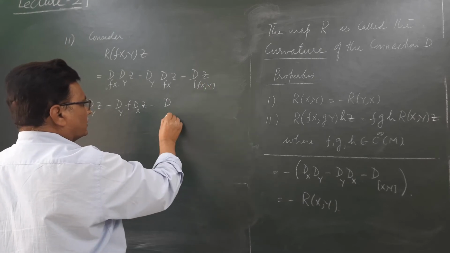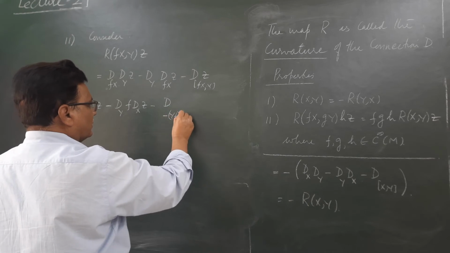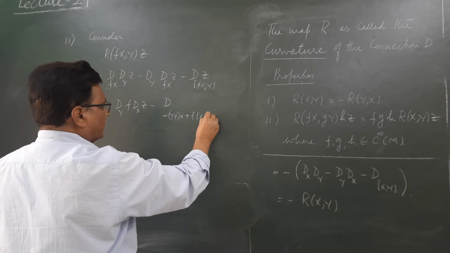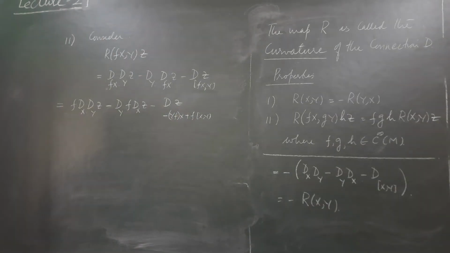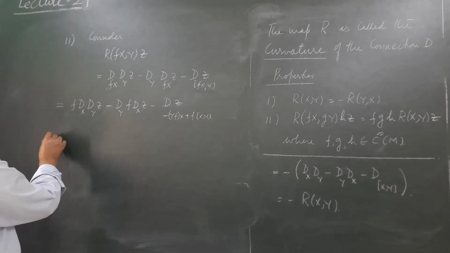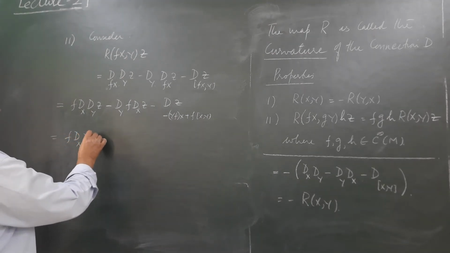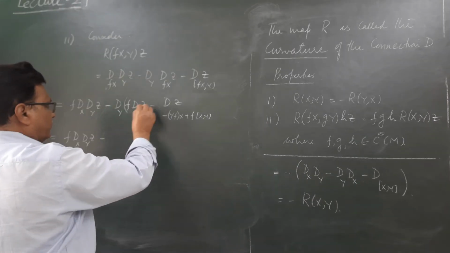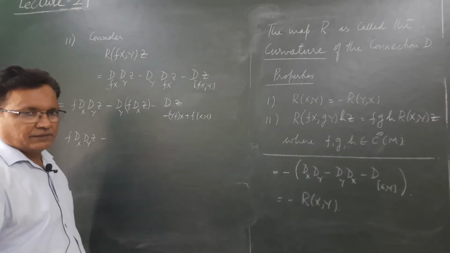So minus yf x and plus f of Lie bracket xy z. Now the first term you keep as it is, minus. Now you can view it as dy of f times a vector field dx z.